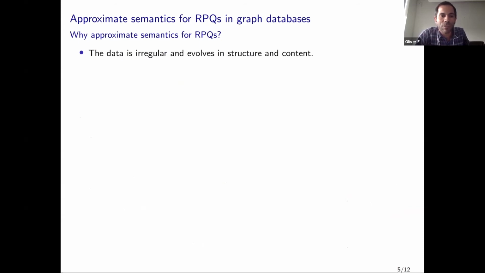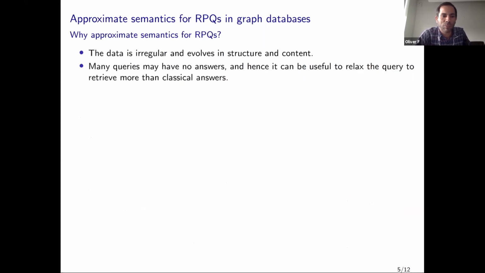So often the user doesn't know the exact structure of the path, the order of the edges, and may formulate queries which provide empty answers. So the idea is that it's useful to relax the query to retrieve more answers than the ones in the classical sense.